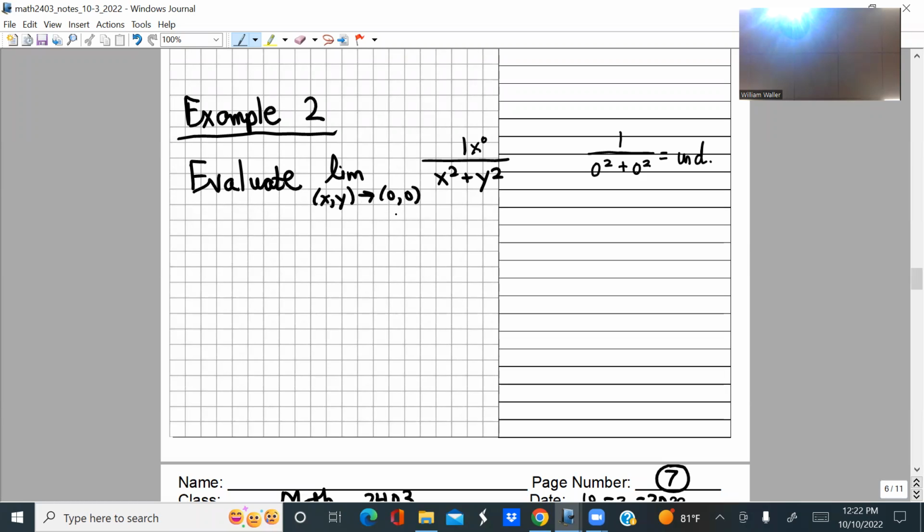They're going to be ultimately getting very, very close to 0. So if you take those very small numbers and even if you square them, you will still have a very small number. And if you divide 1 by a very small number, what's happening to that quotient?